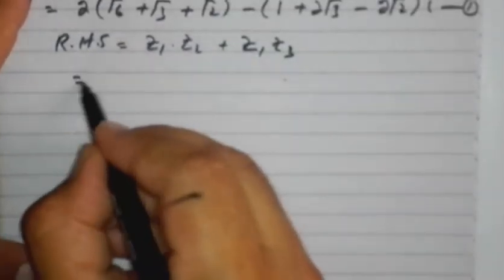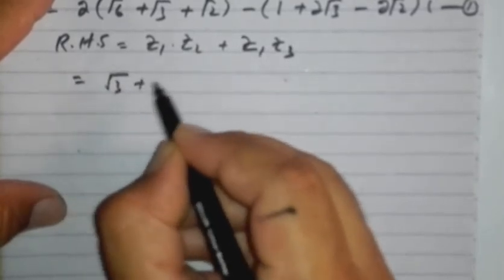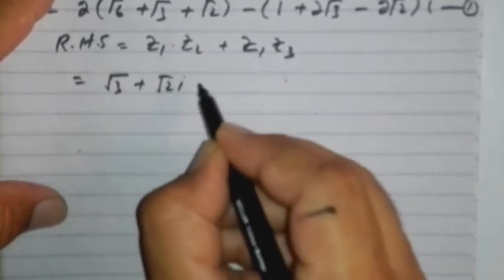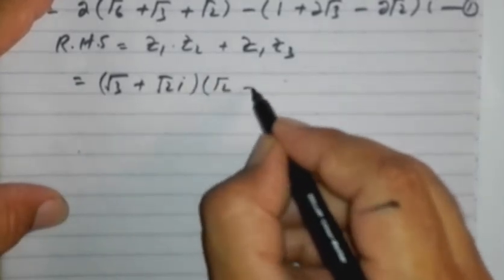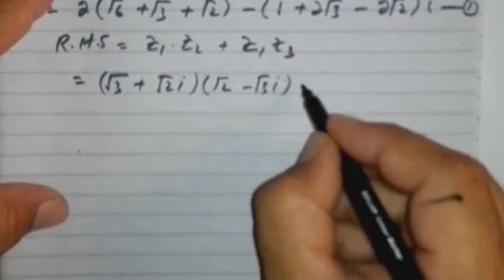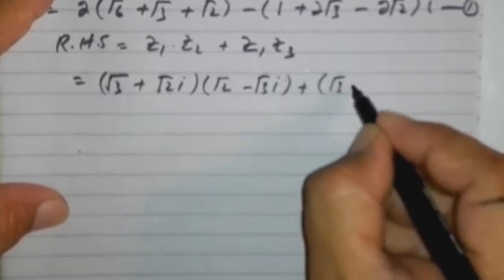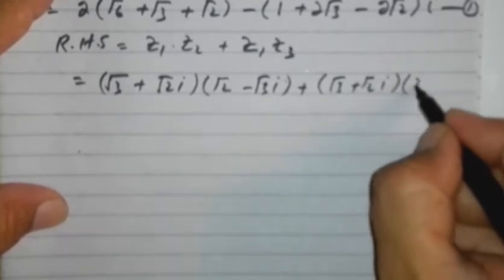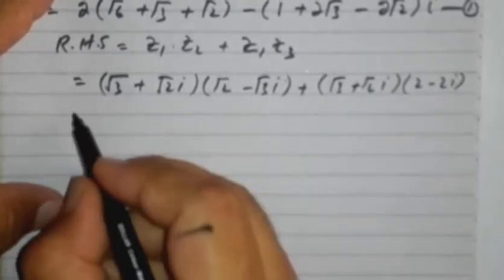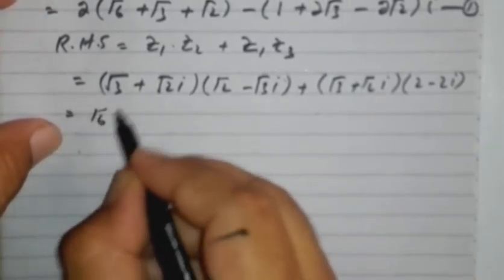Now z1 value is under root 3 plus under root 2 iota into z2 is under root 2 minus under root 3 iota, plus z1 value is under root 3 plus under root 2 iota into z3 value is 2 minus 2 iota. Under root 3 into under root 2 we get under root 6.